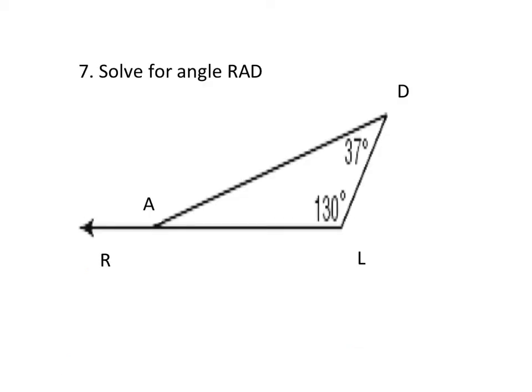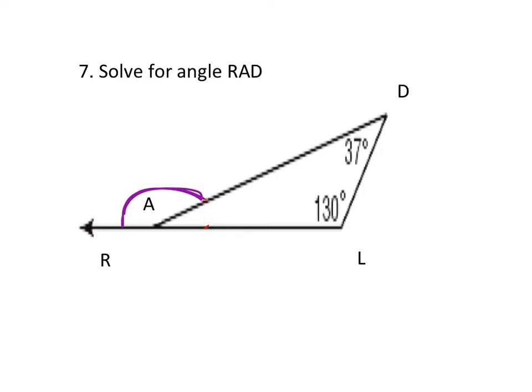Solve for angle RAD. Take 1 minute to do that with your partner. Angle RAD, there's 2 ways to do this one. Some of you solved for this interior angle first. Others of you did the remote interior angles to solve for it, and that's fine.